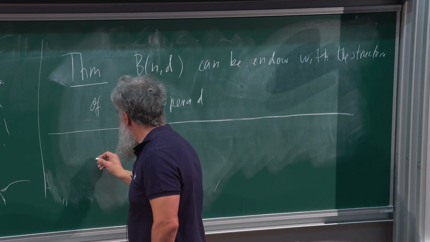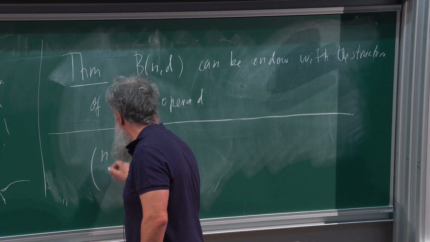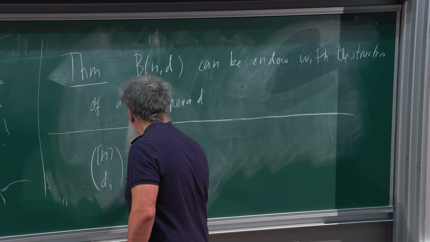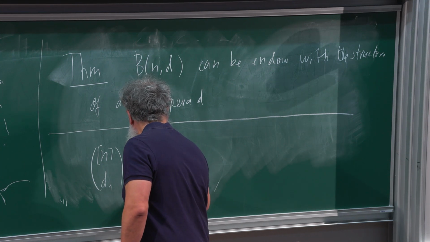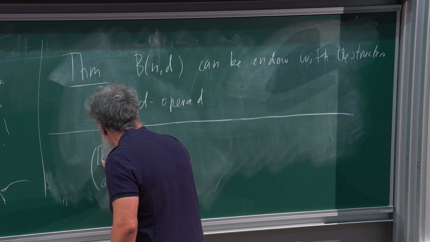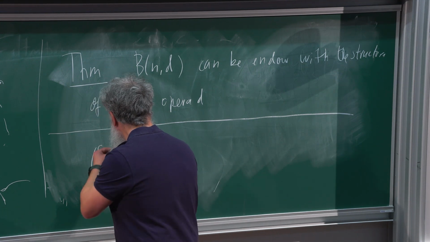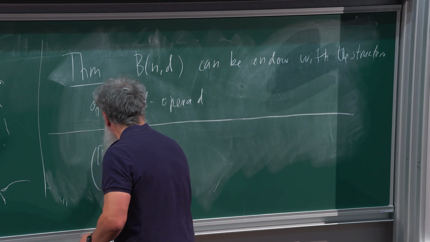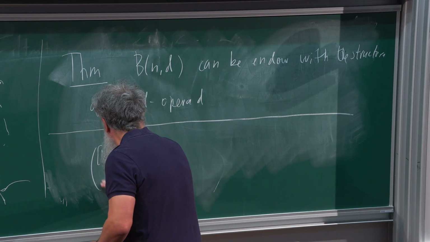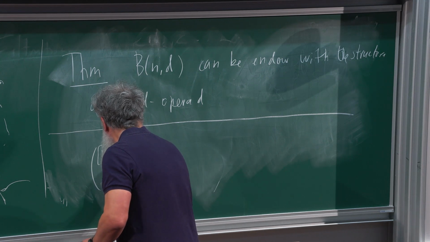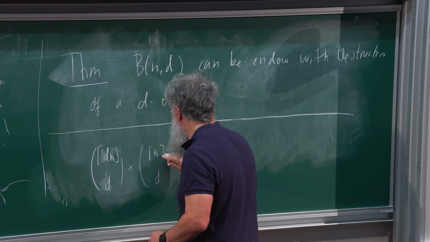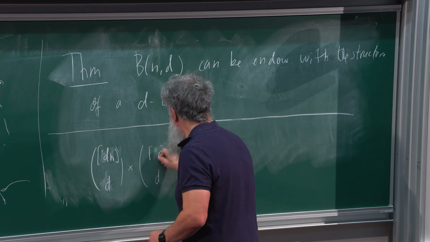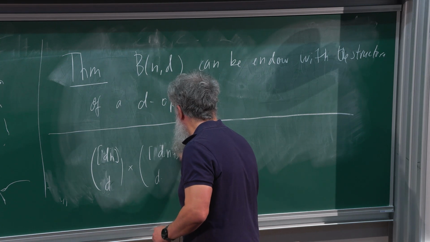If you have the set n choose d1, n choose d2, you have dn to d, and now you have dn1 to d.